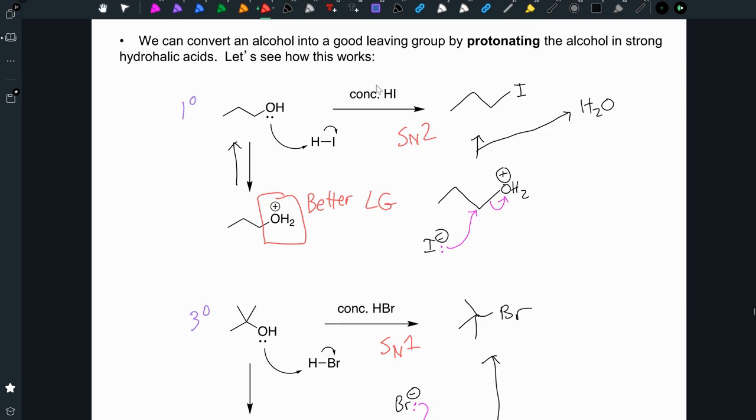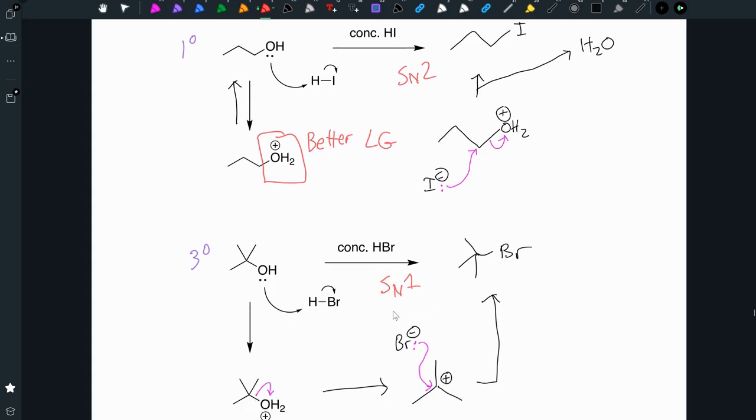The only way this is going to work is with HBr, HI, maybe HCl, if you want to do an SN1 reaction with Cl minus. But this isn't a reaction we use a whole lot. And the reason is, strong acids, there might be other parts of my molecule that might be sensitive to the strong acid.